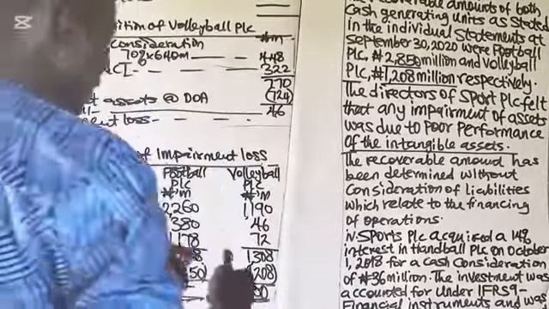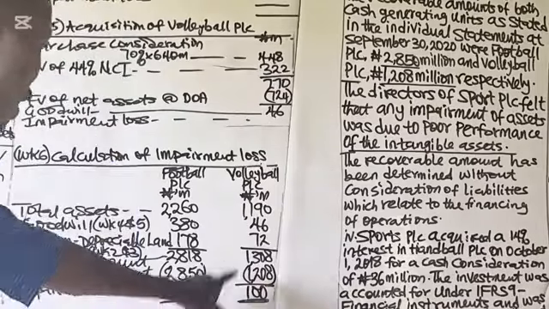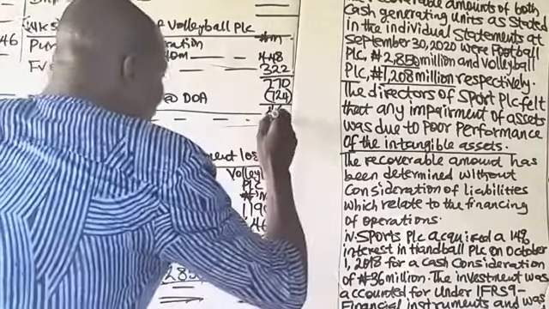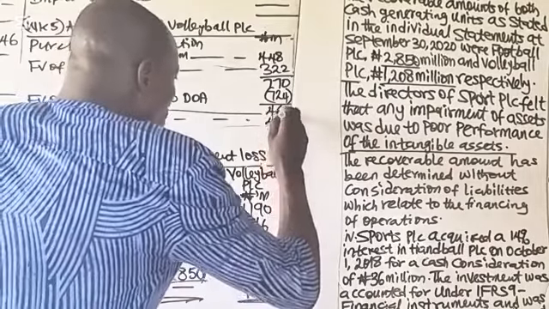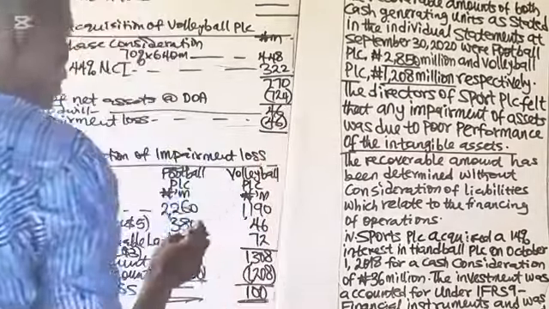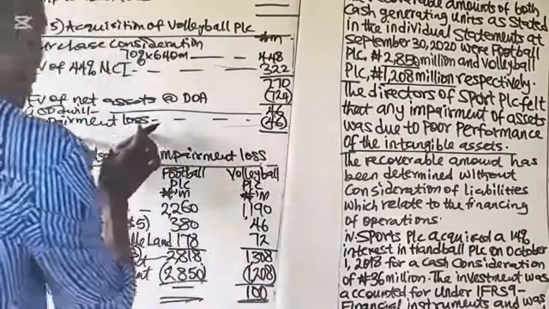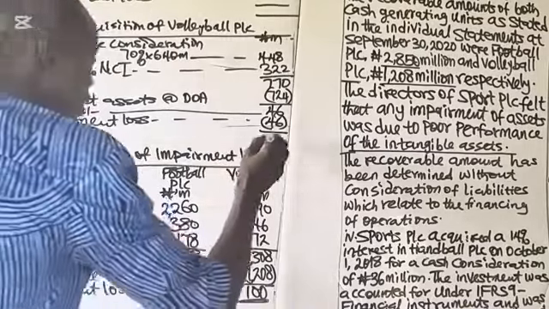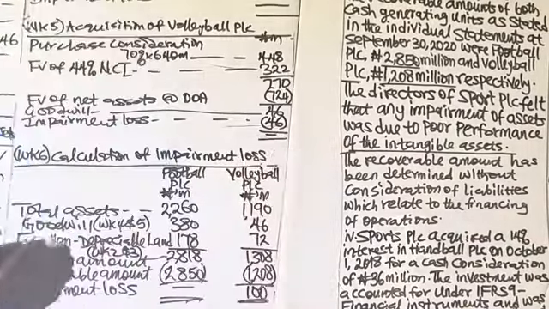So if the impairment loss of 100 for volleyball is due to poor performance of intangible assets, that means the goodwill of 46 we have here will be fully impaired. If you allocate part of the impairment loss to goodwill 46, then the consolidated goodwill here will be nil.